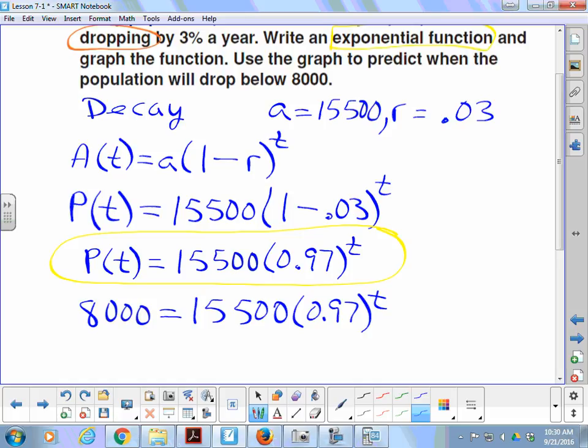Could be 8,000, because that's the important number. Or maybe you want to see where it crosses the y-axis, the y-intercept. If that's the case, then your y-max is going to have to be all the way up to 15,500. But we don't have to go there, because we only need to find where the intersection point is.